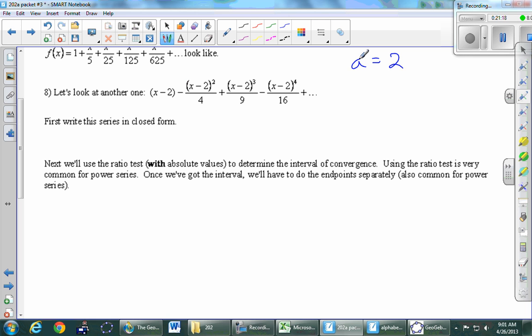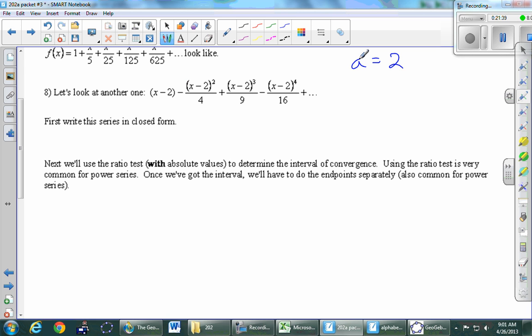Is this one here a geometric series? Yeah, the top part, what do you multiply the top by every time? If you're sitting at x minus 2 cubed and you want to get to x minus 2 to the 4th, you multiply by x minus 2.